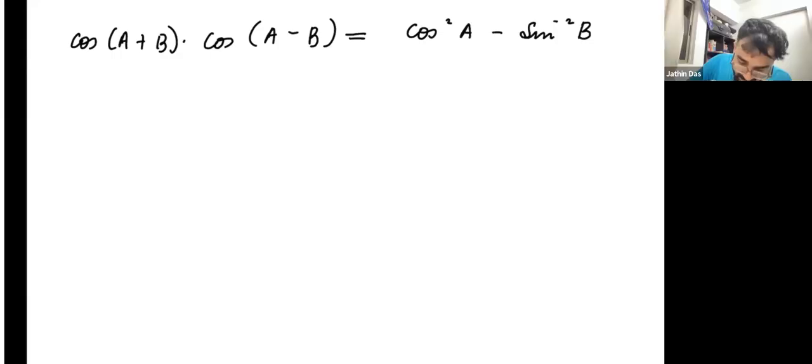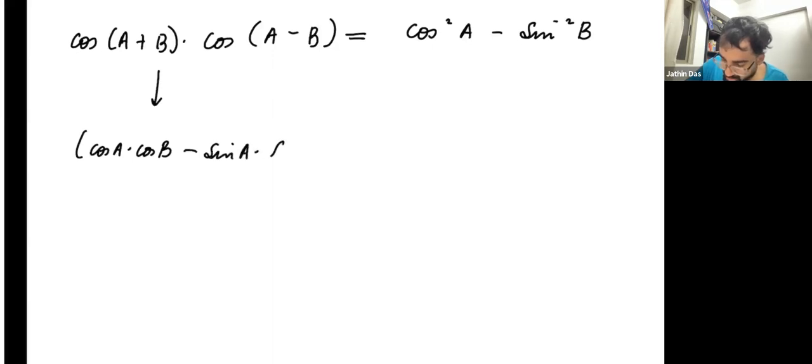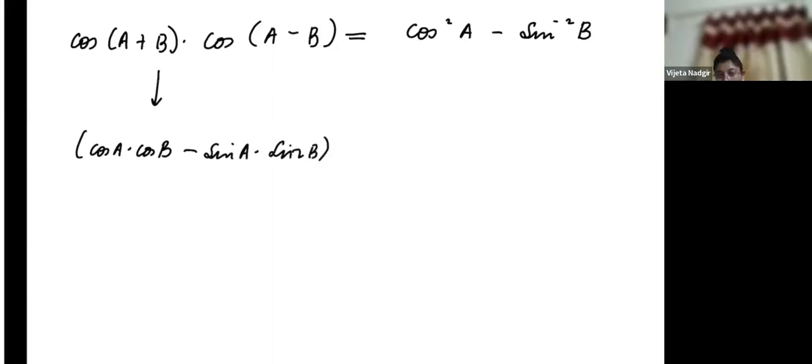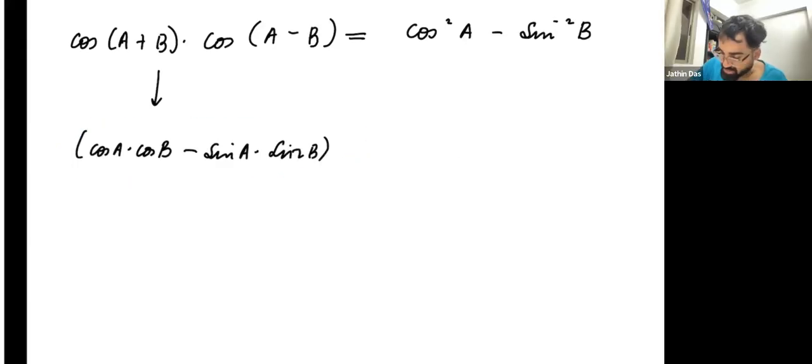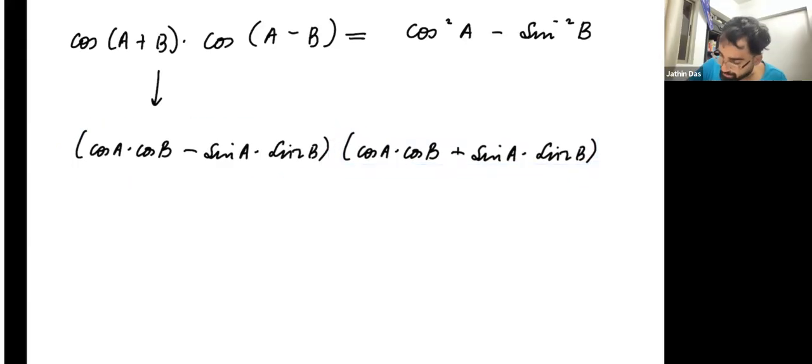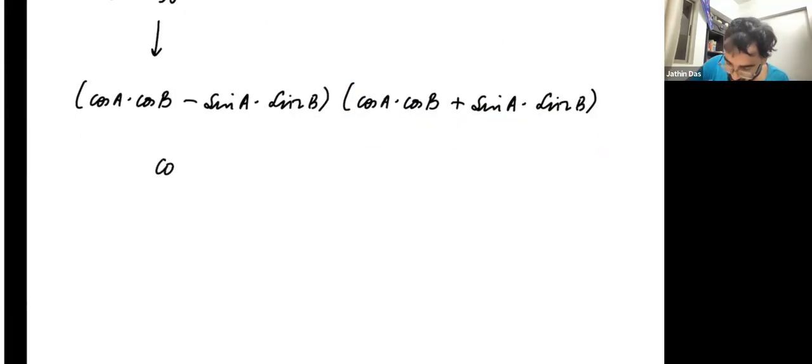So you can think also, what is this? Cos A cos B, sorry, minus sin A sin B. Now what will be the other one? Plus. The other one will be just plus. Correct? So again it is A plus B into A minus B form. Okay, good.